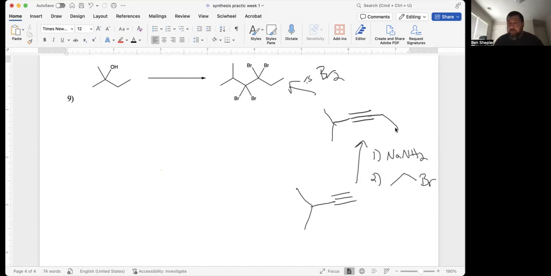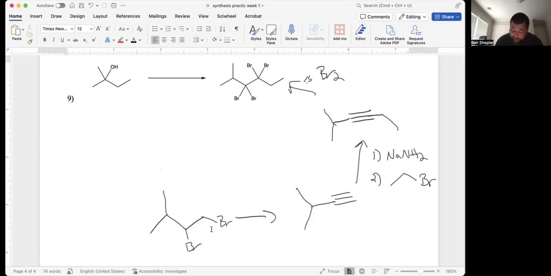Continuing to work backwards, I see that triple bond, and we only really know one way to make a triple bond. And that's if I start with an alkyl dihalide. The only way to make that we know, and they could be bromines or chlorines, that doesn't matter, but I would have to have two halogens.